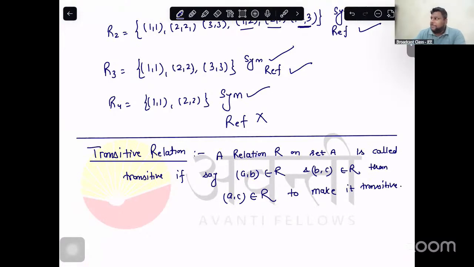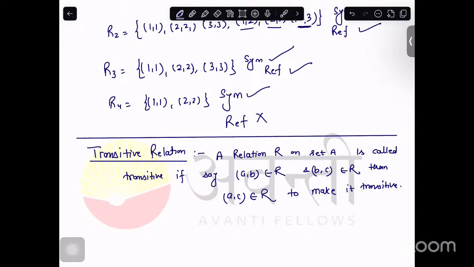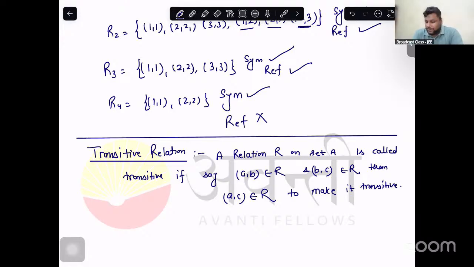If (a, b) and (b, c) are there, then (a, c) should also be there to make it transitive. Am I clear? Yes, sir. If (a, b) belongs to R, (b, c) belongs to R, then (a, c) should also belong to R to make it transitive.